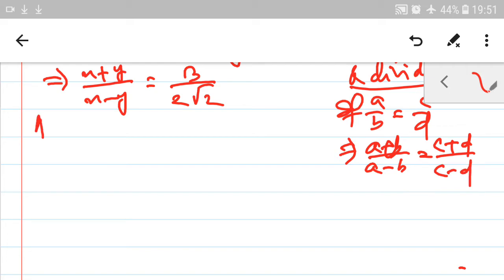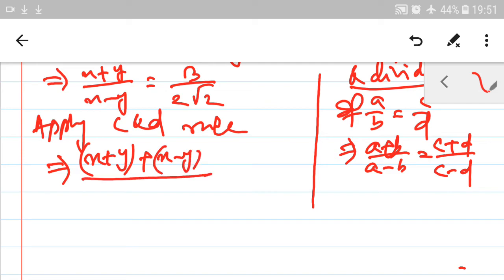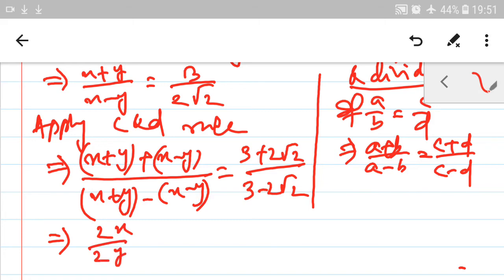If I apply that here, that is componendo and dividendo rule, that is sum of these two, x plus y plus x minus y, divided by x plus y minus x minus y, is equal to 3 plus 2 root 2 divided by 3 minus 2 root 2. So I get here, if I cancel, 2x divided by 2y is equal to 3 plus 2 root 2 divided by 3 minus 2 root 2.